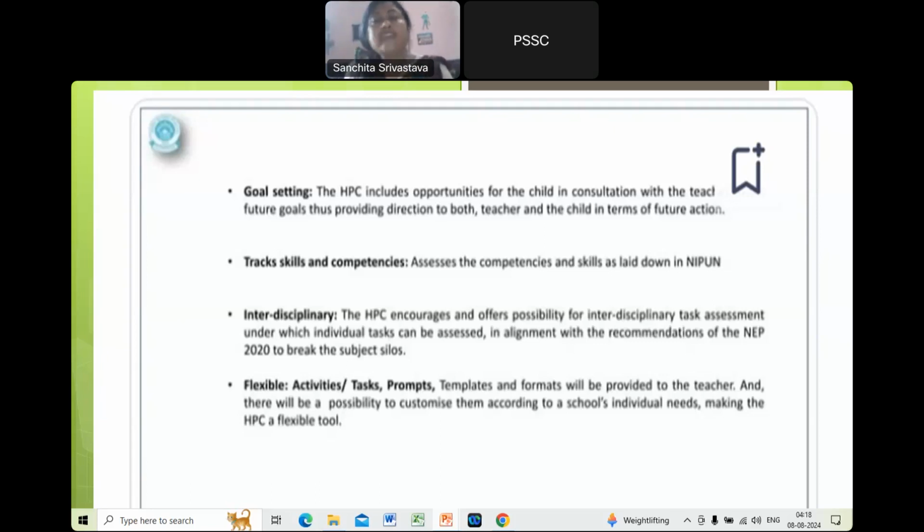So if the child does mime, then math, then some dance format, then food culture, SST, isn't it? So these are some of the formats where you can assess the child in an interdisciplinary task.